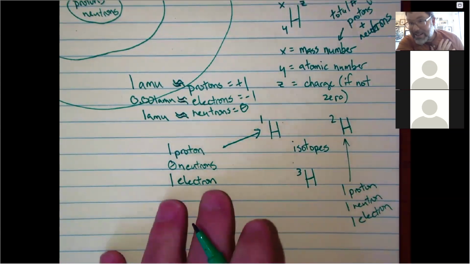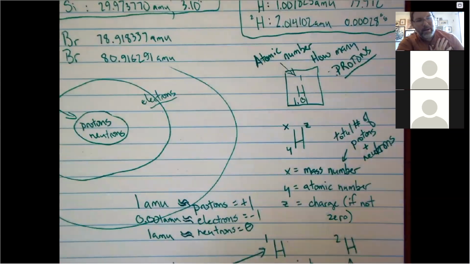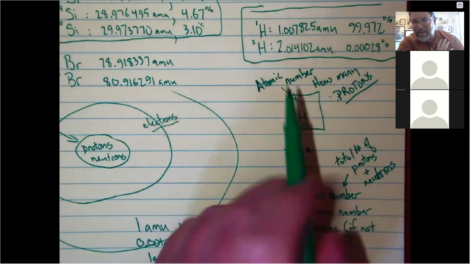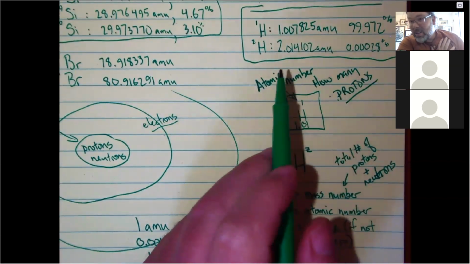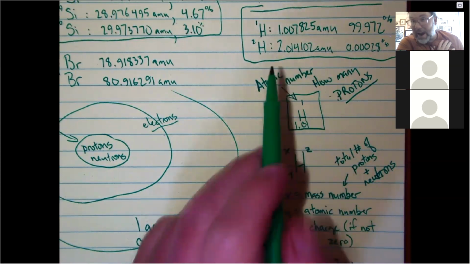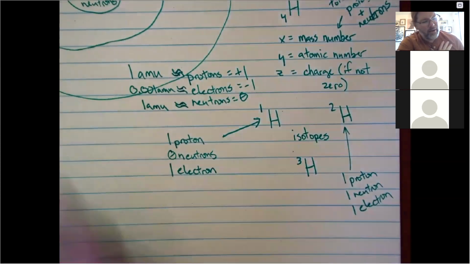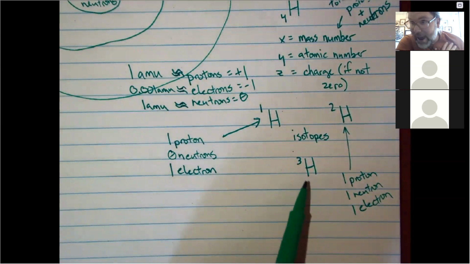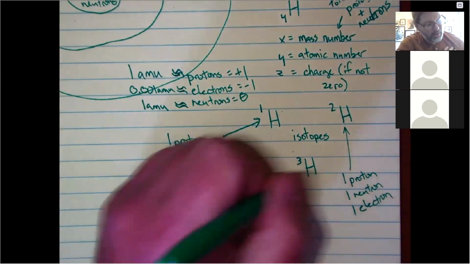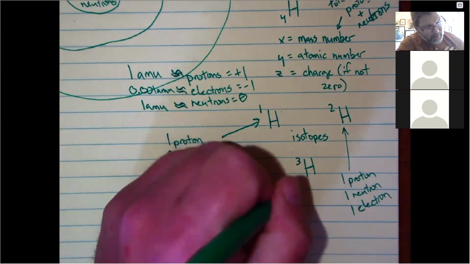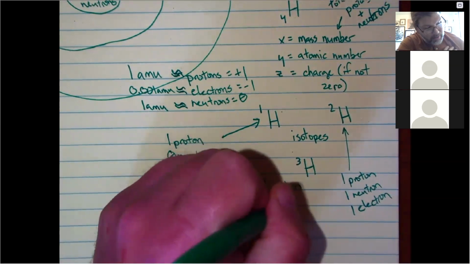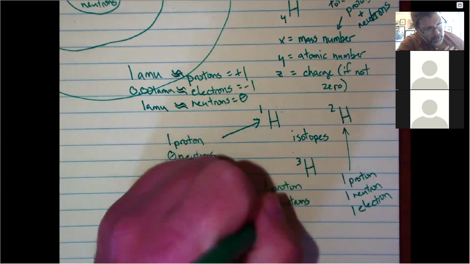Now, I didn't even list it, but there's a small trace amount of hydrogen that even has 1 more neutron than that, hydrogen 3. It's commonly referred to as tritium. All right. So that isotope of hydrogen has 1 proton, 2 neutrons, and 1 electron.